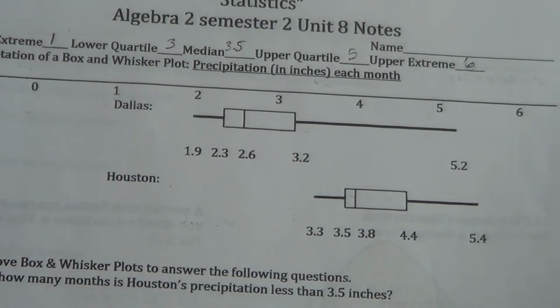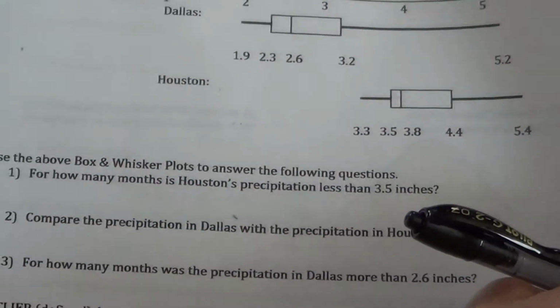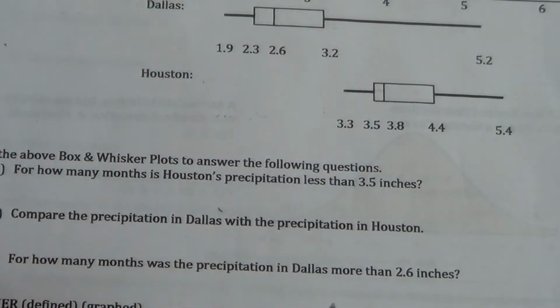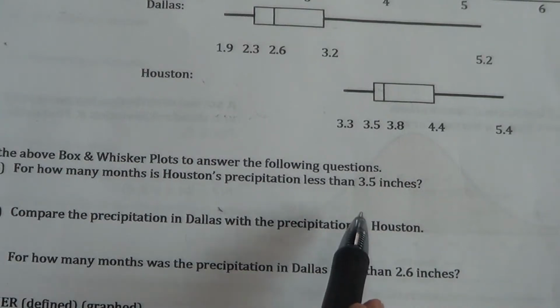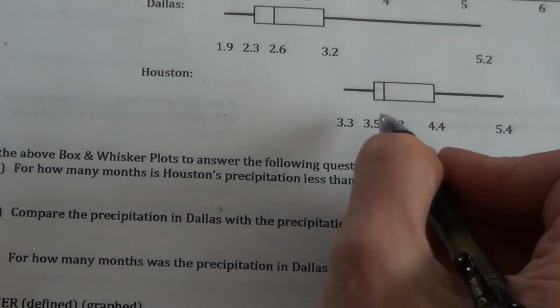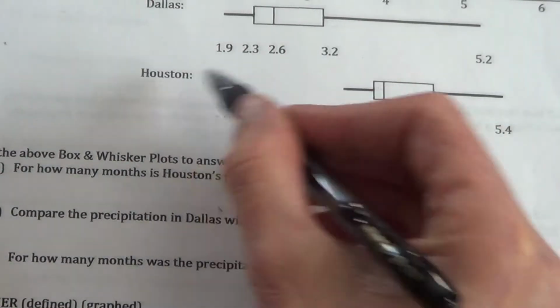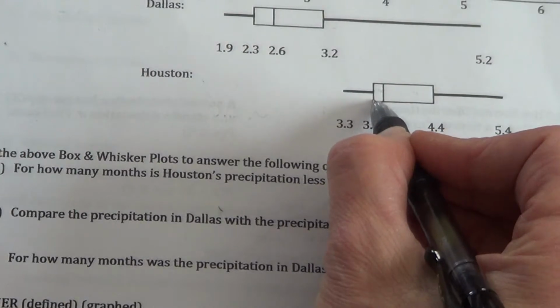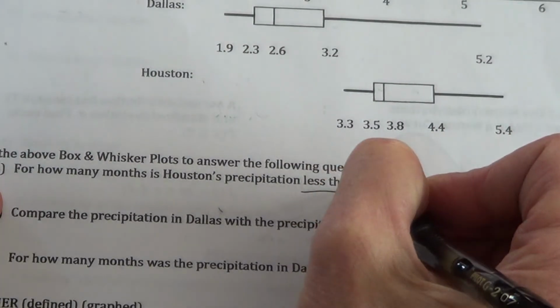So, for how many months is Houston's precipitation less than 3.5 inches? So what you want to look at is 3.5 for Houston, and it happens to line up right here. It says how many months is less than.